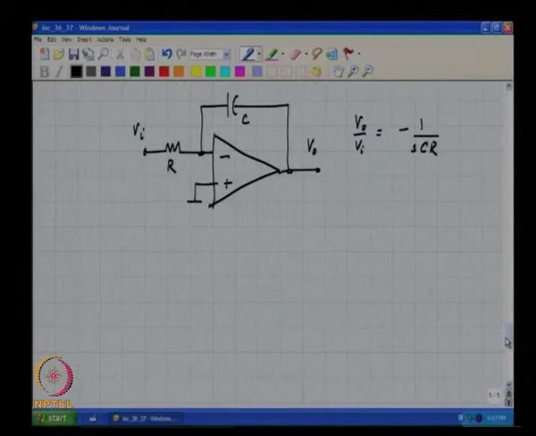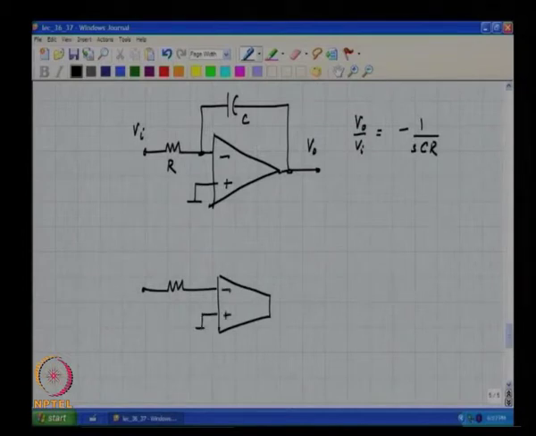Now, if you had a voltage controlled current source, then one way of realizing an integrator is to choose this to be gM.